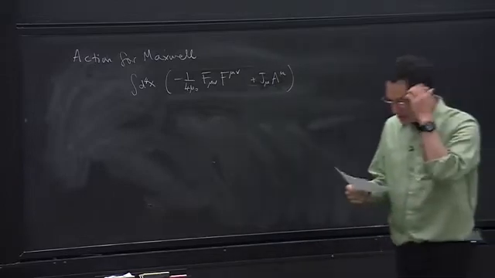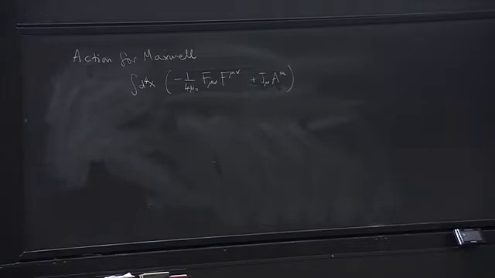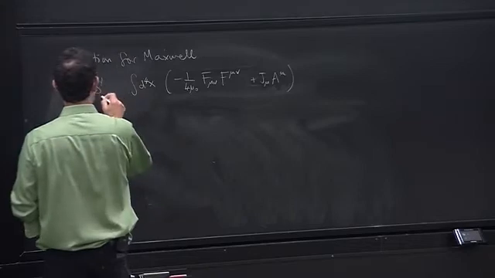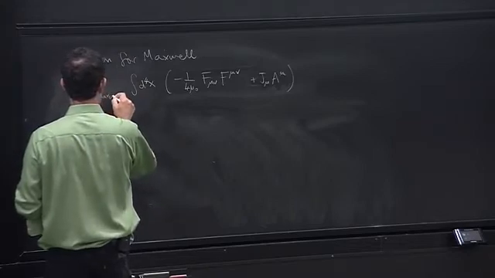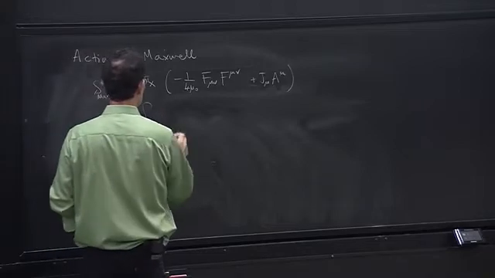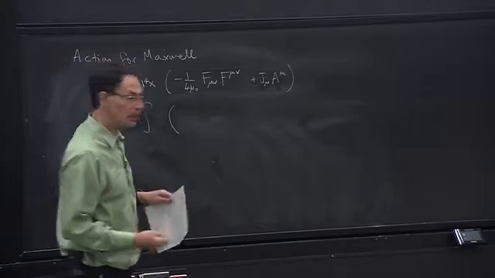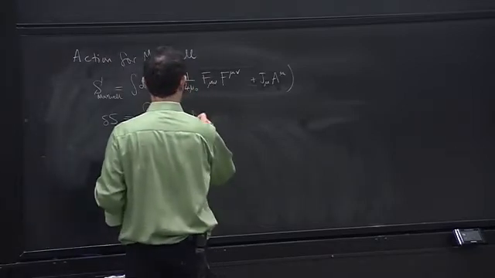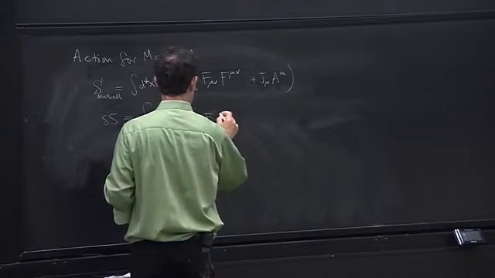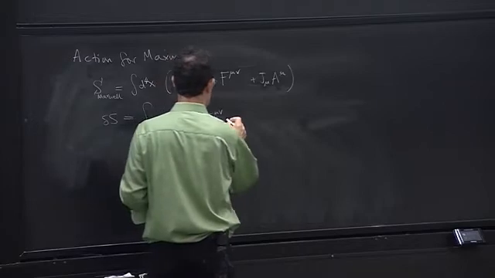Okay, so the claim is that if I vary this, I'm going to get Maxwell's equations. Let's just check that as Maxwell. So delta S is the integral. Now, when I vary F squared, I get a factor of 2, minus 1 over 2 mu naught F. I'll write it this way: F upstairs, I'll vary the downstairs one.